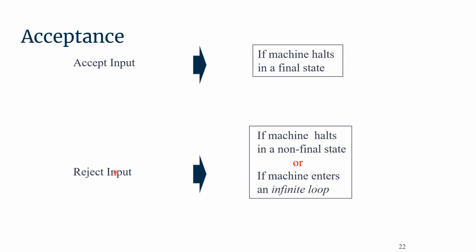But whenever a machine halts in a non-final state, the input is rejected. Also, in the condition where we go through a loop, the machine rejects the input because we are not reaching the final state. So the machine cannot go into the halt state. These are rejected inputs.